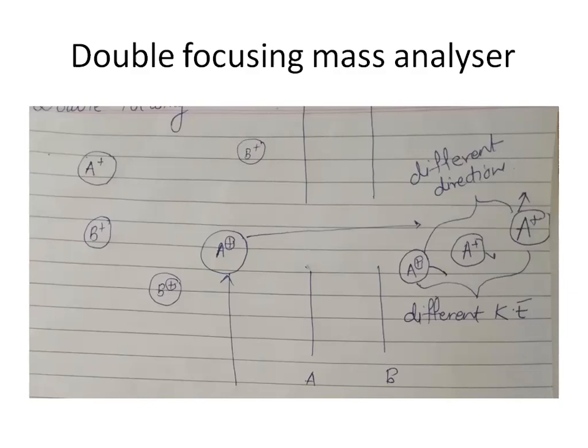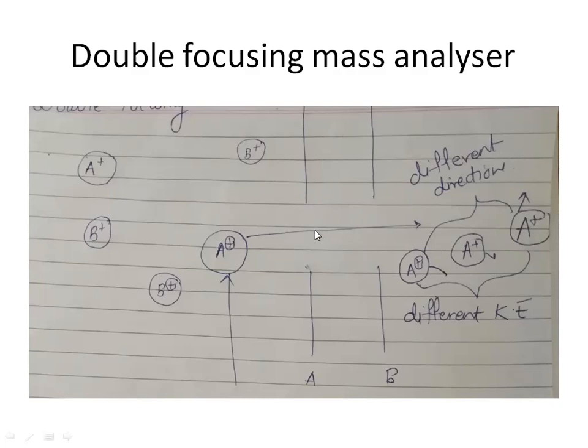We have molecules with different kinetic energies, and the first factor responsible for this is the position where the ion is formed. The second reason is the Boltzmann distribution. Initially, when the molecules arrive in the ionization region itself, they don't have the same kinetic energy. Their kinetic energy itself is different. So naturally, this is the second factor which gives rise to kinetic energy spread. The third factor is the inhomogeneous electric field which has been applied out here.